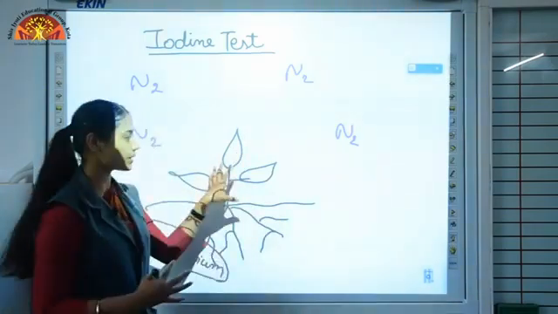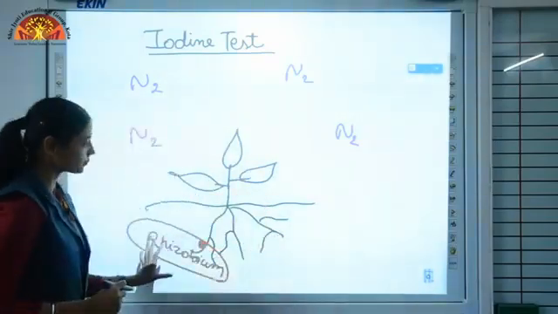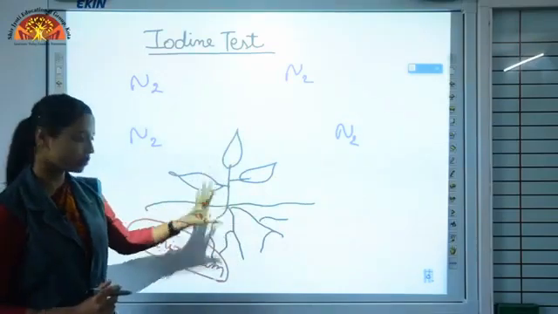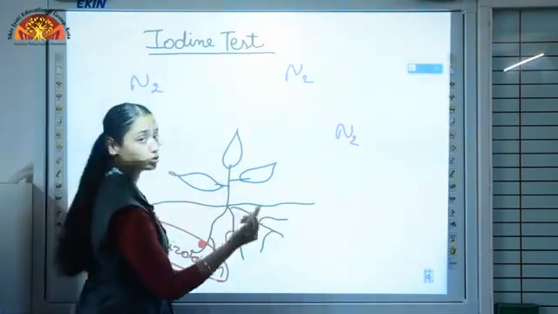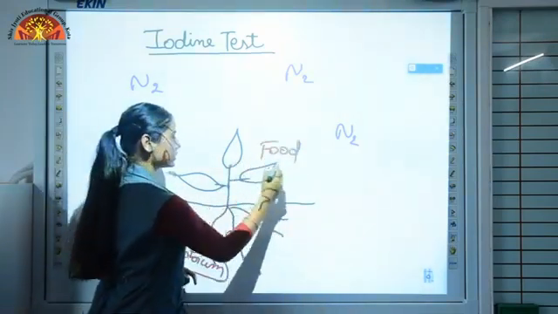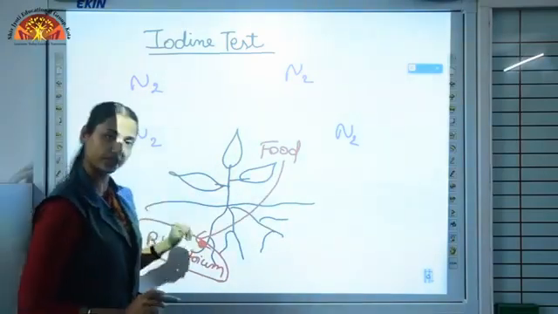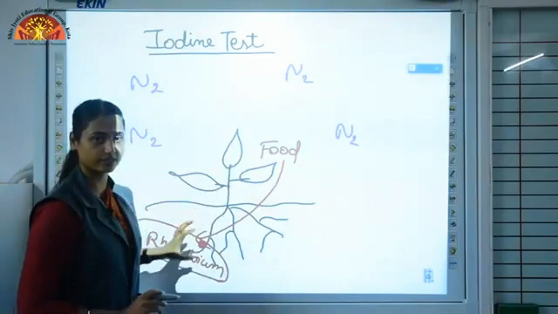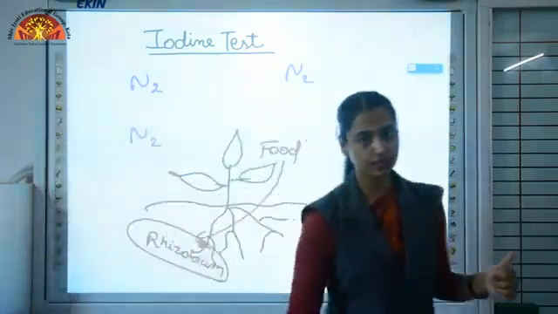This is how the plant is able to consume nitrogen. So rhizobium is helping this plant. Now what benefit is it getting? The food. Plants prepare food, and this food is consumed by this bacteria. So this is a mutual relationship, both are getting benefits, the rhizobium bacteria and the plant. This is another example of symbiosis.